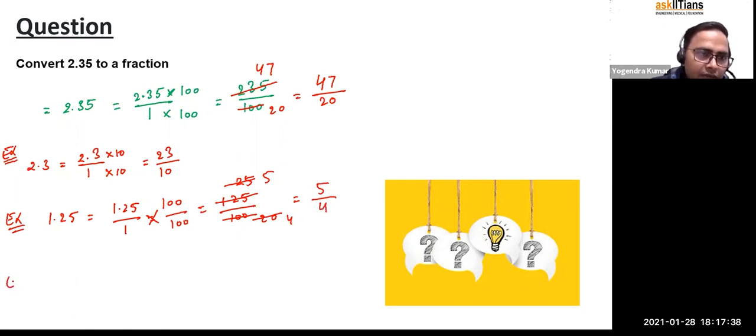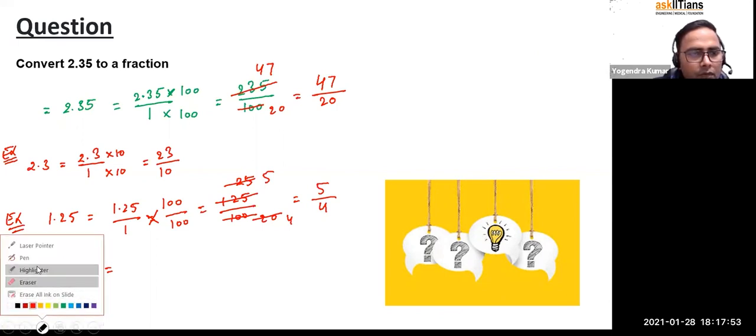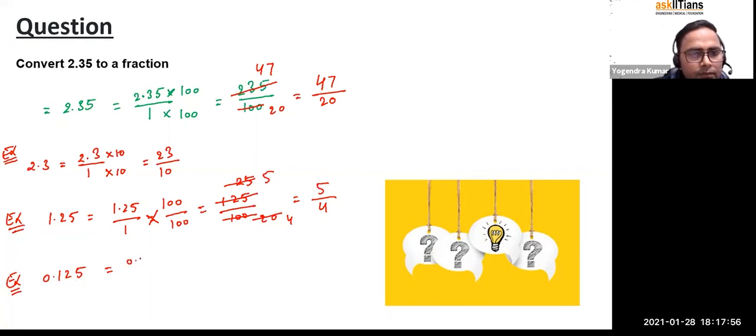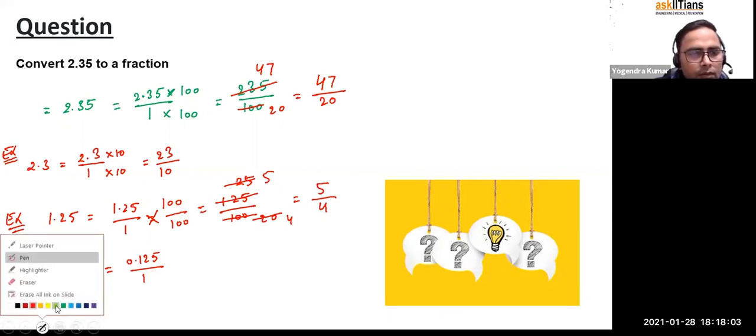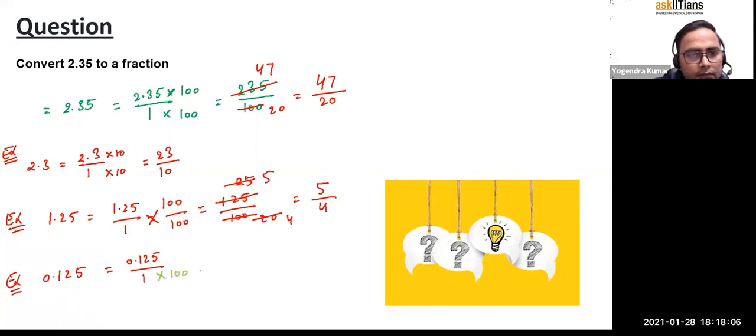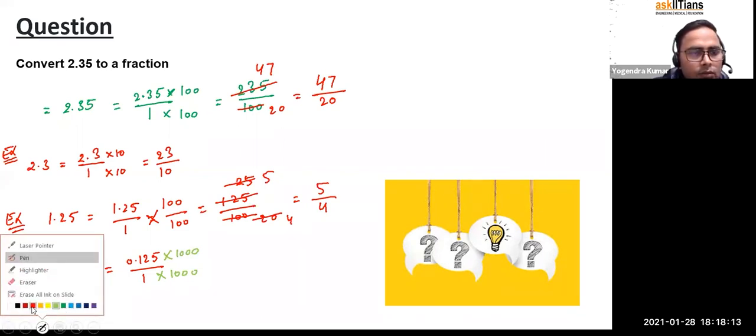Now, another example I'm taking: 0.125. So again, what is the denominator? We have denominator as 1. Now let's multiply. What can we multiply up and down? 3 digits are there, so we should multiply by 1000, right?